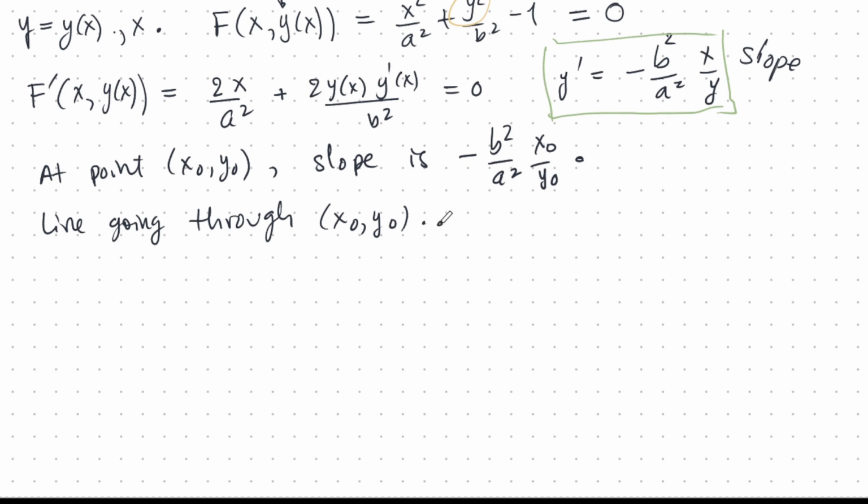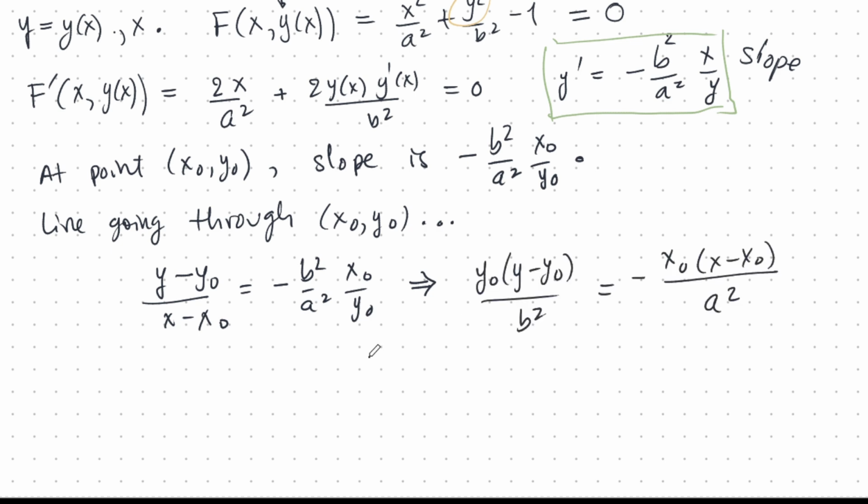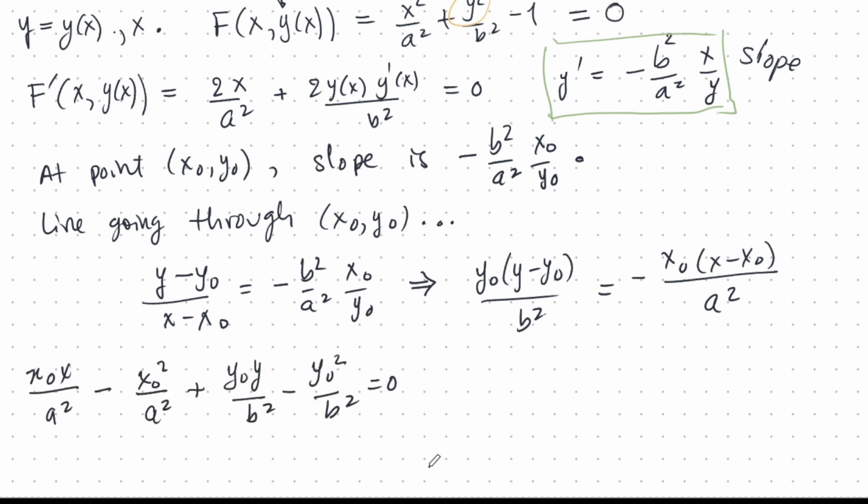So the general equation for a line going through point x0, y0 is y minus y0 over x minus x0 equals the slope of this line, but the slope is minus b squared over a squared, x0 over y0. Doing a bit of algebra, I get this. All right, and I can rearrange these things and bring it all to one side, like so. That was all just elementary algebra.